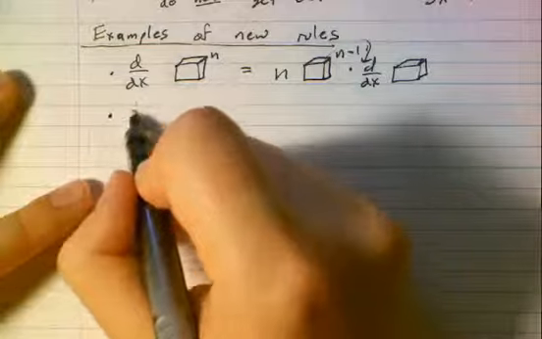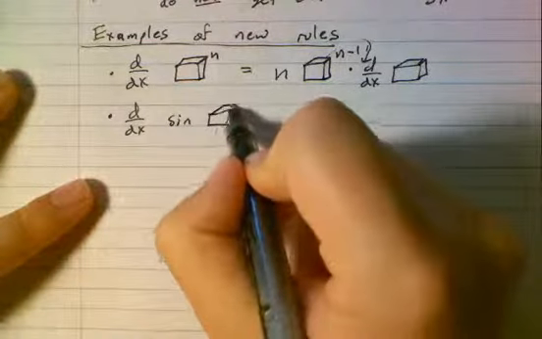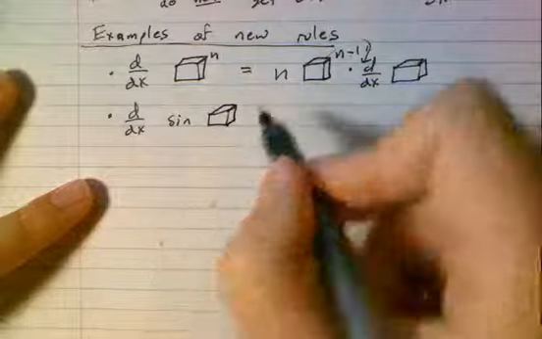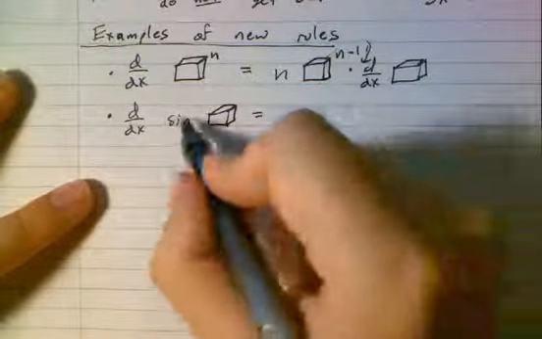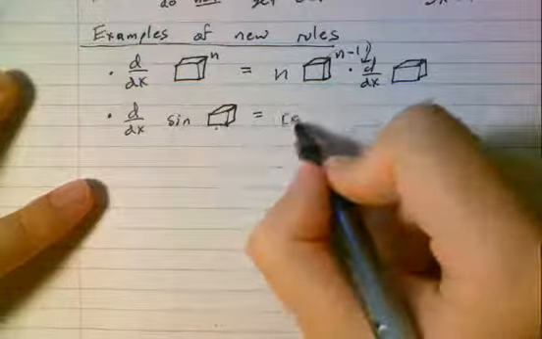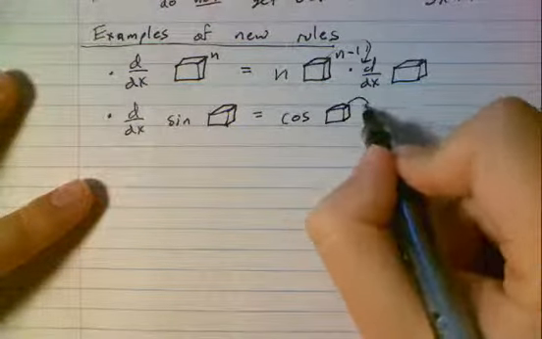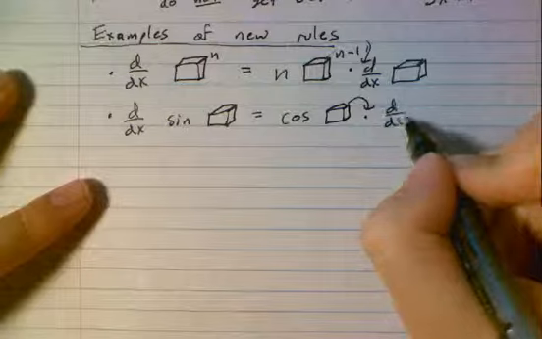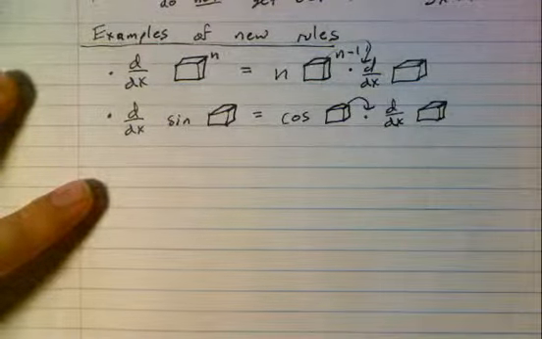Same thing for any of the trigonometric functions. Let's take sine as an example. Could be cosine, could be tangent, could be whatever. For any of the trigonometric functions we've got the box next to, it's going to be the derivative of that times the derivative of whatever's in the box.